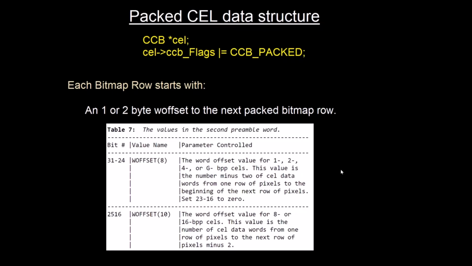And I'm going to say the value is the number of words, the number of 32 bits, minus 2. It's like that. It's some kind of restriction of the cell. So if that W offset goes 0, that would mean 2 words. That would mean 8 bytes.